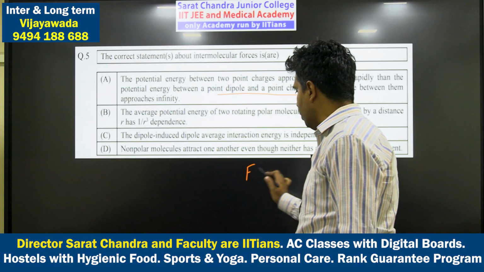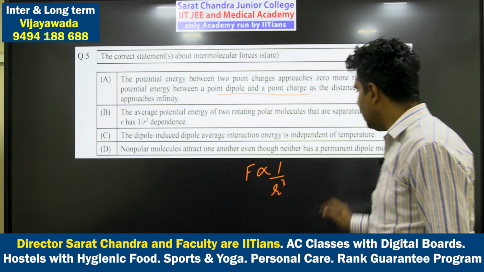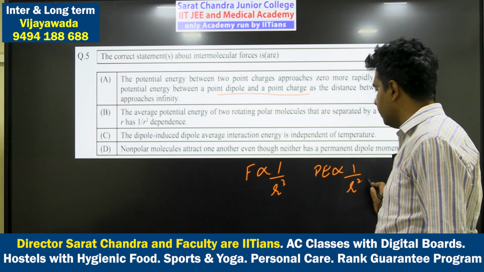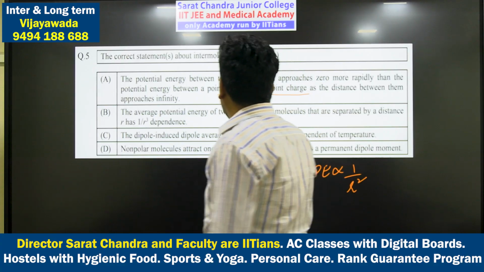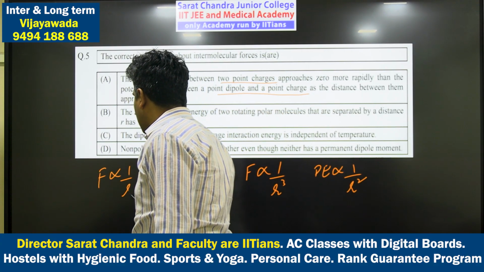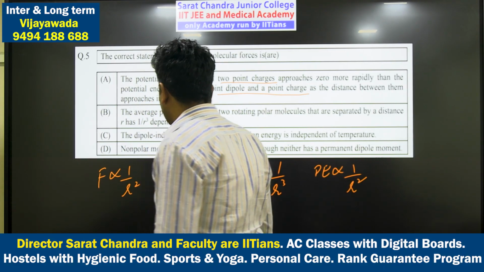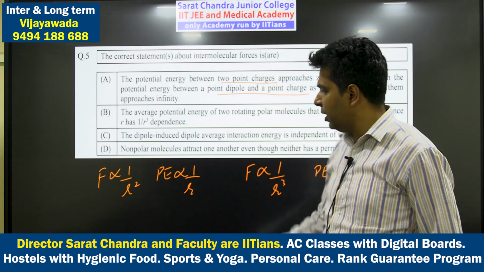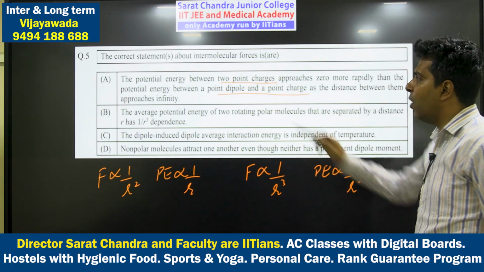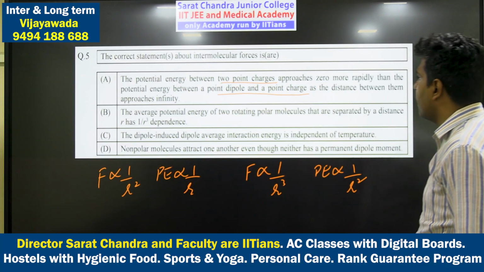In a point dipole and a point charge, force is inversely proportional to r cube and potential energy is proportional to 1/r square. In normal 2 point charges, the electrostatic force is proportional to 1/r square and the potential energy is proportional to 1/r. So for point charges, potential energy is proportional to 1/r, and for a point dipole and point charge, potential energy will be proportional to 1/r square.